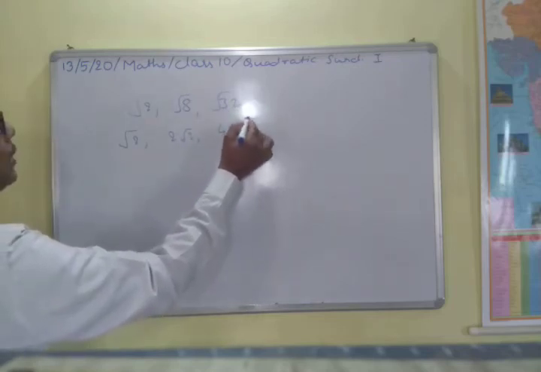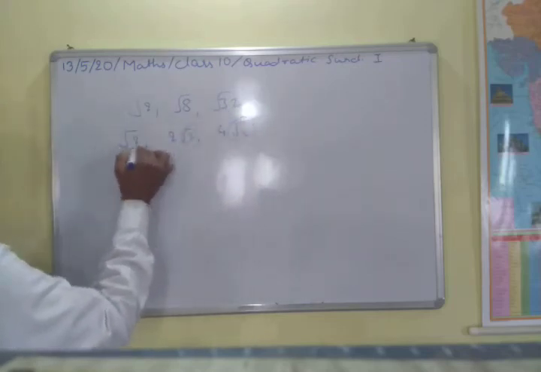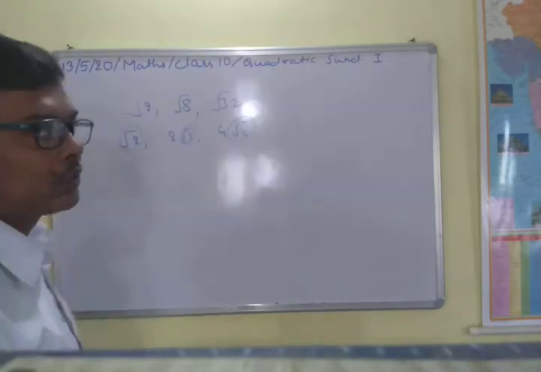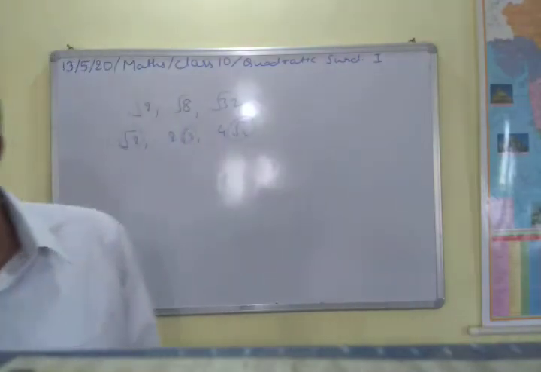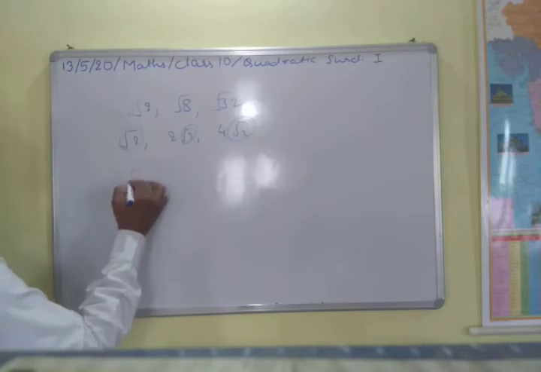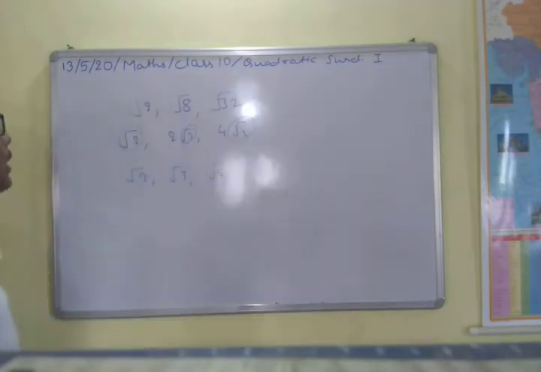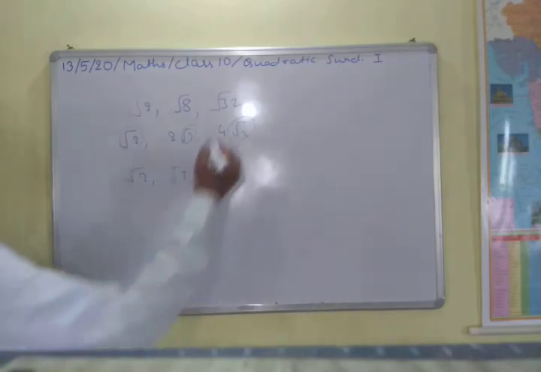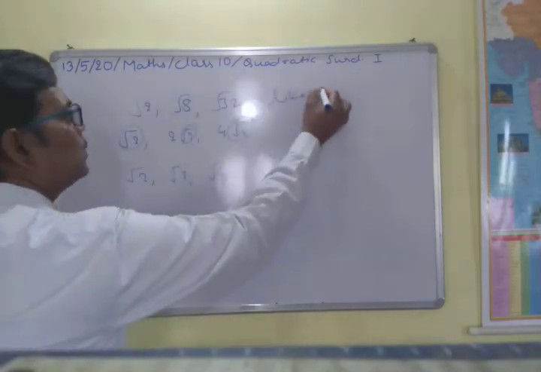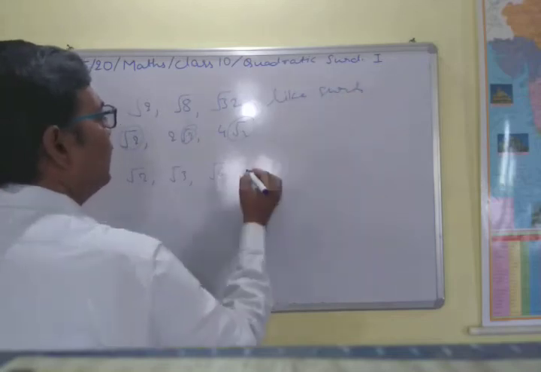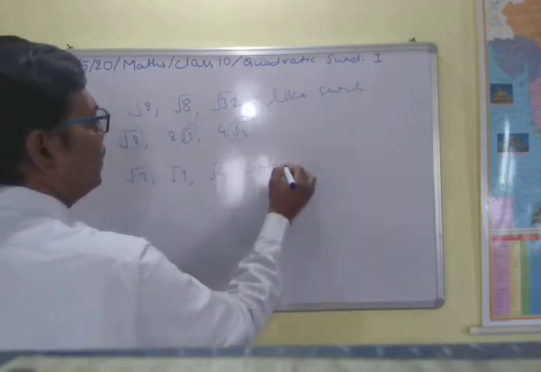See that in all these surds we have root 2 as common. So these kinds of surds are called like surds. And for example root 2, then root 3 and root 6, these will not be like surds. These are called unlike surds.